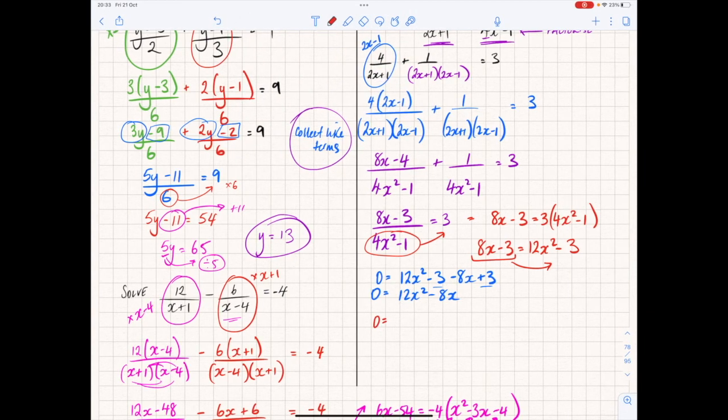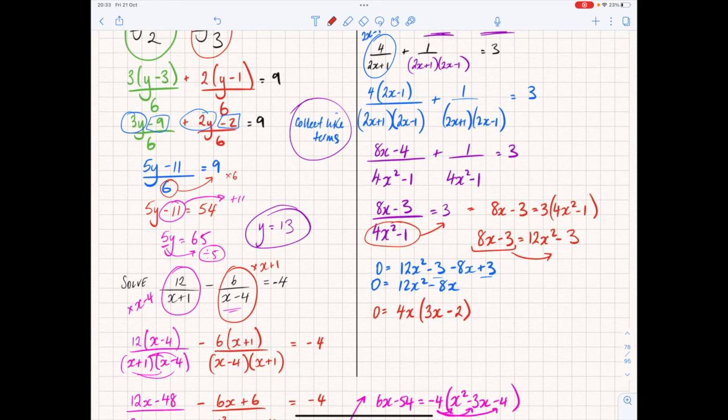Again, if I was going to factorize that, I would factorize out the fact that there is a 4 in both and also an x. So 4x would go on the outside. Then I'm going to factorize it to 3x because that gives me my 12x squared, and then minus 2. From here, you then say 4x equals 0.